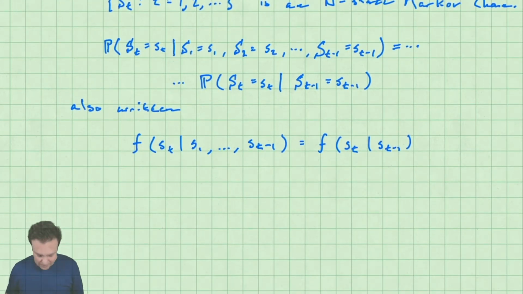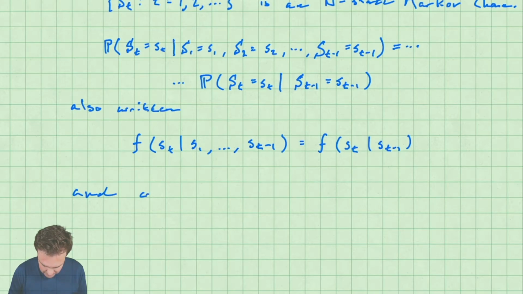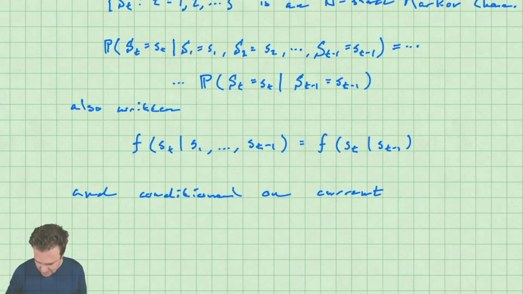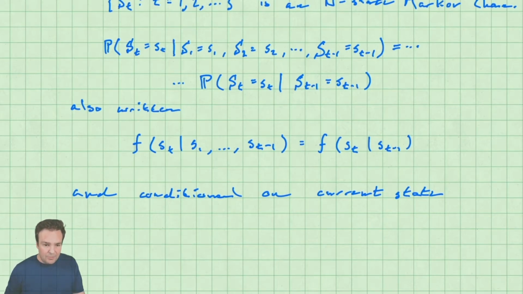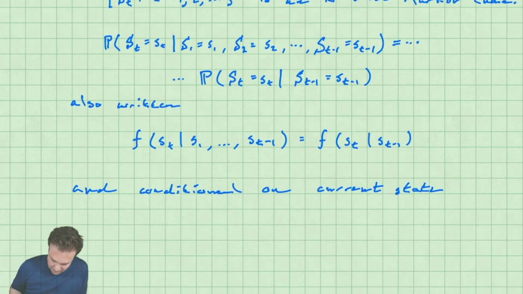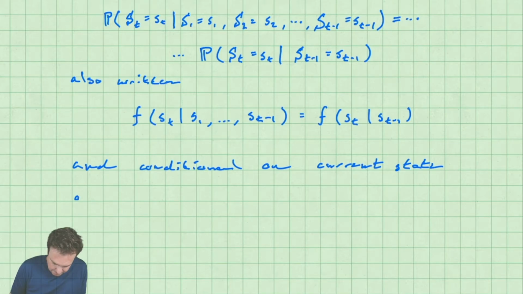The observations are conditional on the current state. It's quite a mouthful, this definition. The observations are independent of the states and the observations at other times.